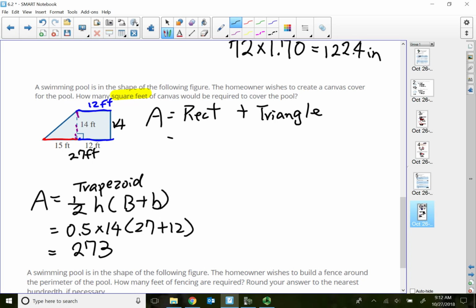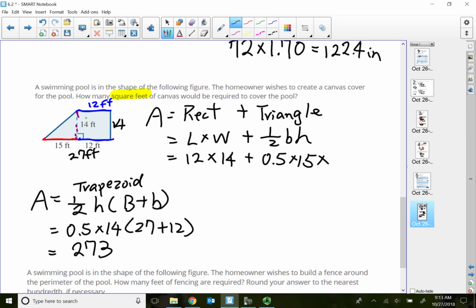All right, so if I want to look at it as a rectangle plus a triangle, that will be length times width for the area of a rectangle, plus the area of a triangle, which is half times base times height. So that will give me 14 times 12, or 12 times 14, plus half times the base of the triangle, which is 15, times the height of the triangle, which must be that 14.